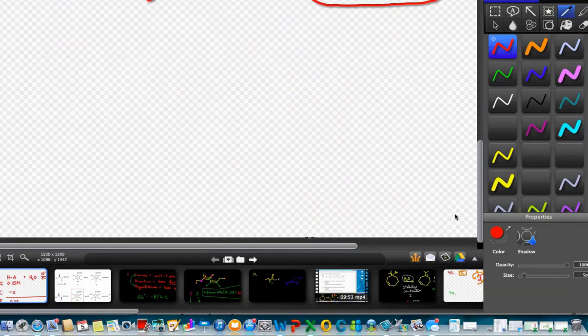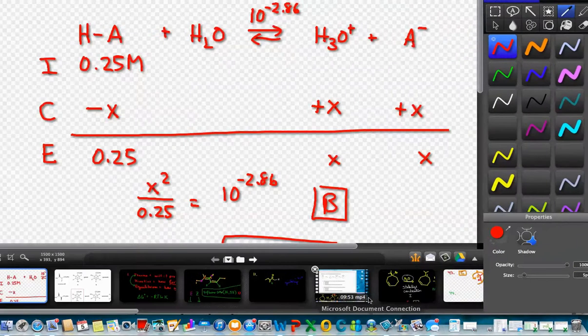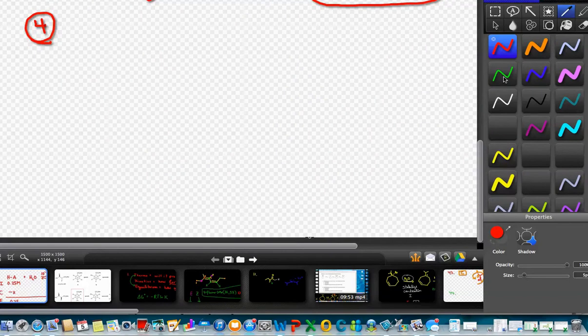All right, moving on to number 4. We are given the solubility of barium fluoride at a certain temperature, and we want to calculate the KSP at the given temperature. So again, it's all going to start with a balanced chemical equation. BaF2, you really need to know ions and charges.